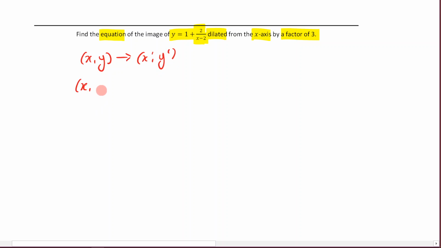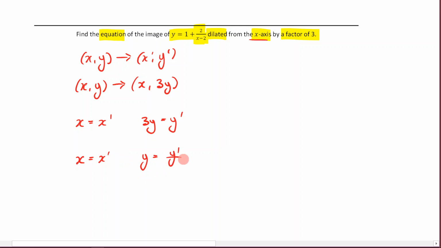Then I rewrite it. If I am dilating from the x-axis, that means my y value is going to change. So x dash is x, and y dash is going to be 3y. I then create my equations: x is equal to x dash, 3y is equal to y dash. I rearrange for x and y. This one is already done. This one is going to become y equals y dash over 3.